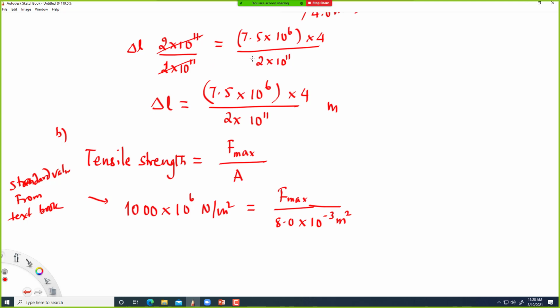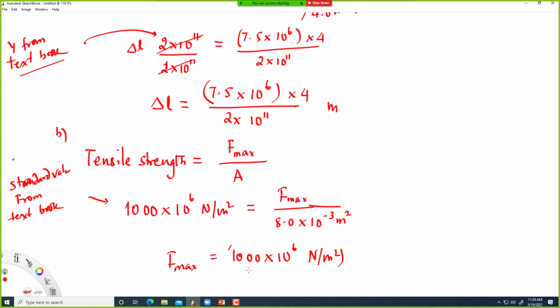This one also, the Young's modulus, is from the textbook or Google. This is the tensile strength, and then you can get F max by doing the math. So 1000 times 10 to the 6 Newton per meter squared times 8 times 10 to the negative third meter squared. Okay, so when you do the math, what do you get?